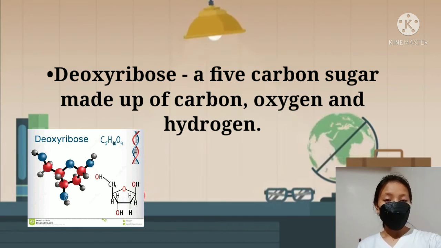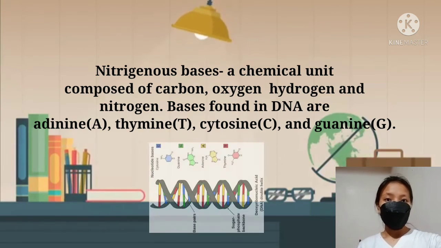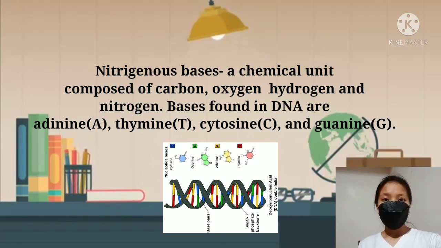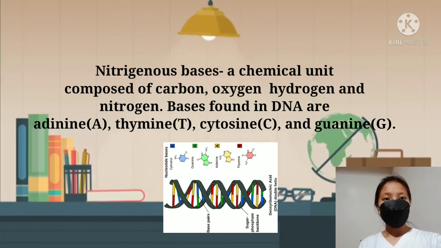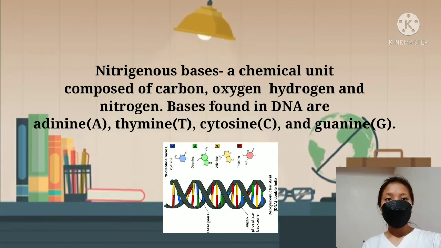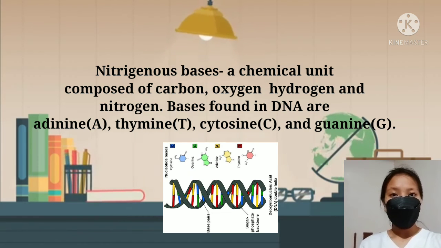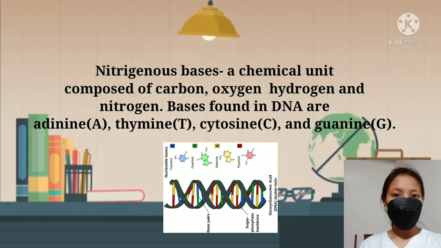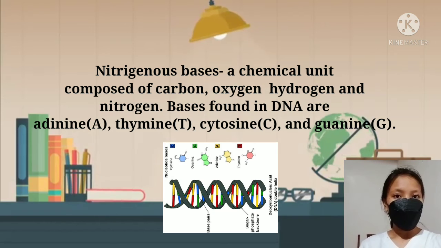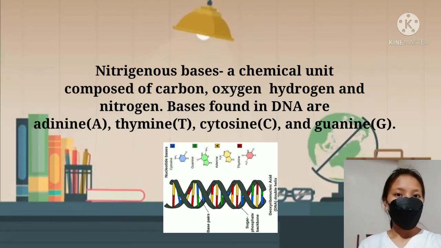ribonucleic acid. So the last is nucleobases. Again, the last is the nitrogenous base. A nitrogenous base is a molecule that contains nitrogen and has the chemical properties of a base.